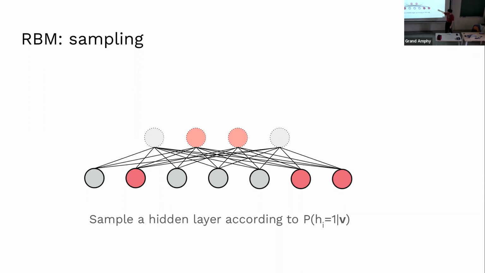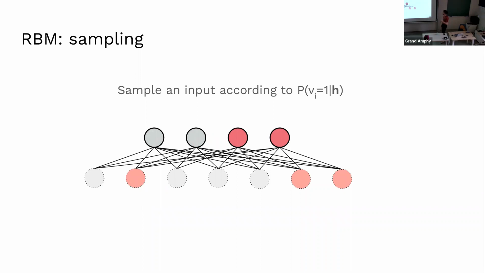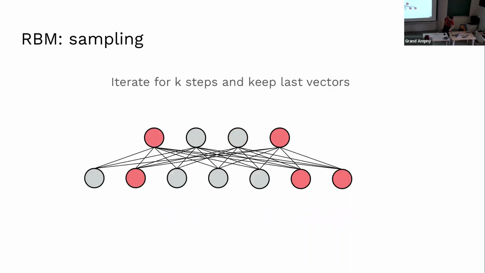the h_i are equal to 1 given the value of the visible layer, and you go backward to sample again the visible layer, and you can do that for a certain number of steps, and at the end you keep the last vectors v and h, which are the sample that you extract from your model.